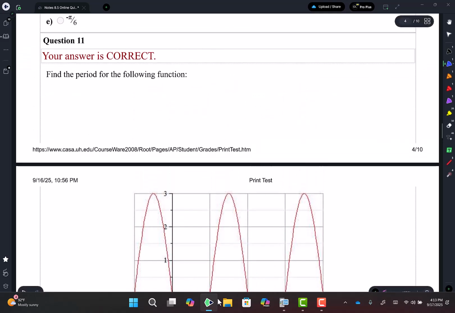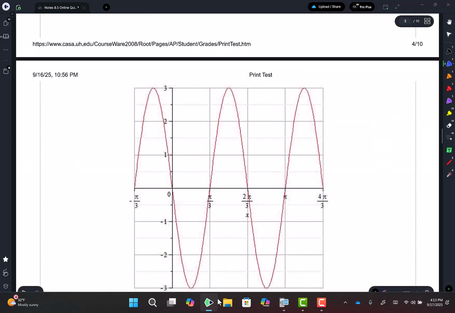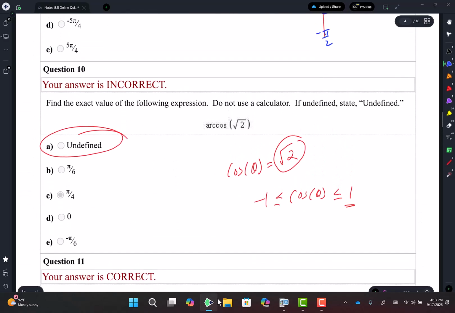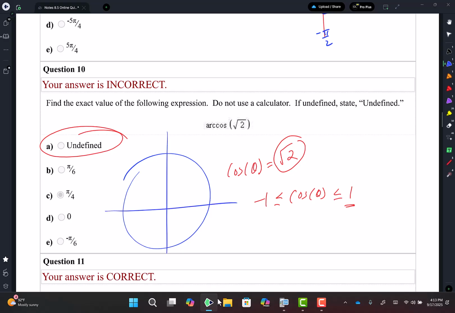All right, guys. So this one hopefully should be pretty easy for you guys. Can you go back to the other one? Yeah, on the unit circle, cosine is a ratio, and the biggest cosine is going to be is 1. The smallest cosine is going to be is -1. It has to be between -1 and 1.